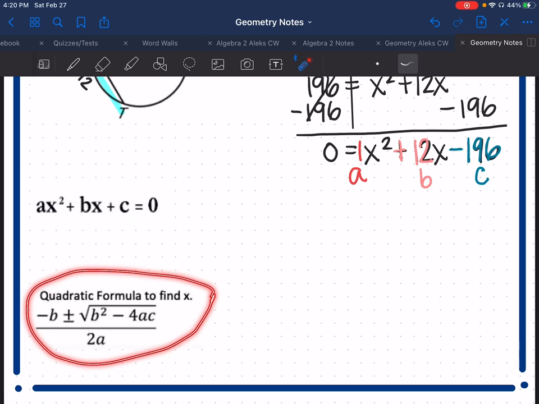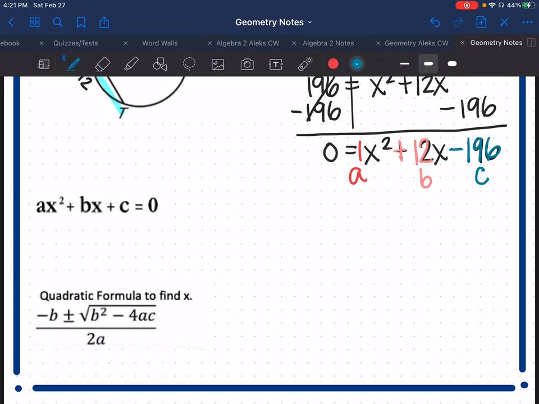I would suggest you just go straight to the quadratic formula and don't even try to factor, okay? 196 is a big number. It has a lot of factors, and none of them may equal 12. So let's go right into the quadratic formula.